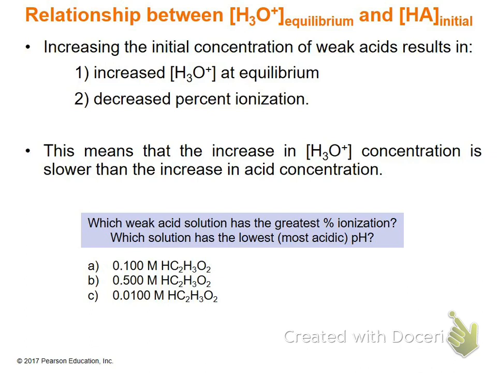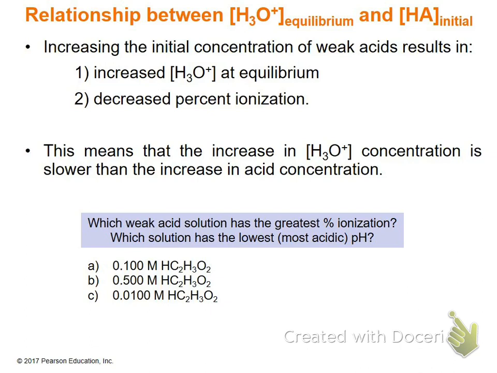So right off the bat, you would have to pick the one with the higher concentration here, which is B, the 0.500 molar acetic acid. So that will generate the most hydronium ion, because the choices here are all the same acid. It's acetic acid, so they will have the same Ka value. The only difference here is the concentration. So we know that the concentration of the hydronium ion is directly related to the initial concentration of the acid.